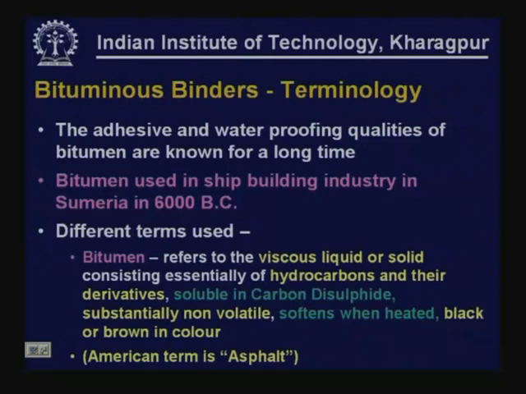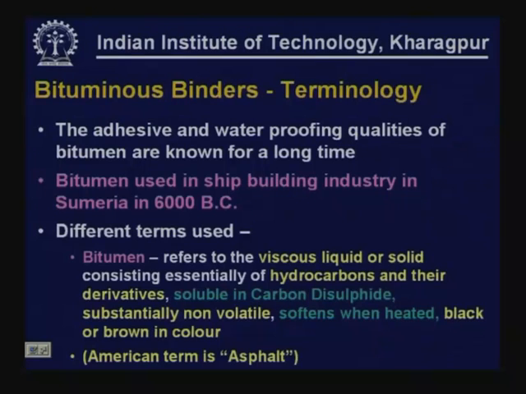Tar, of course, is not regularly used nowadays because it is not that easily available, and its properties compared to bitumen are not that good as far as pavement construction is concerned. So, our discussion will be mostly focused on bitumen and bituminous binders.